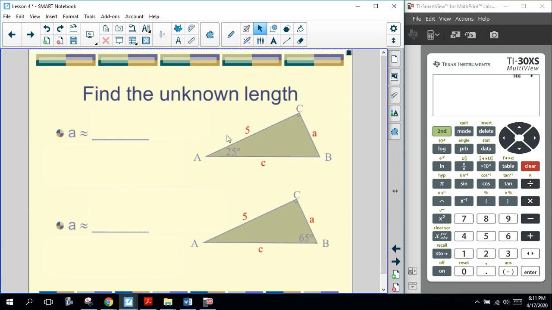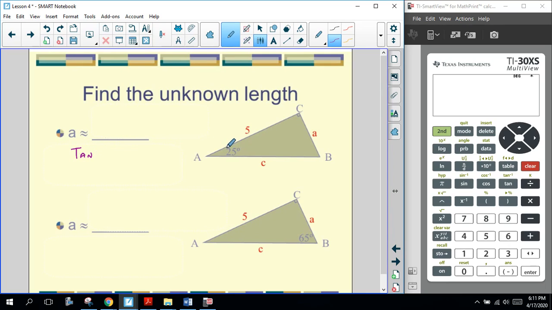It says find the unknown length. So it's asking a is equal to approximately what value? Well, here's a, we're trying to find that. If I'm using my tangent ratio, it's going to look something like this. The definition says that we have the tangent of an acute angle of a right triangle.